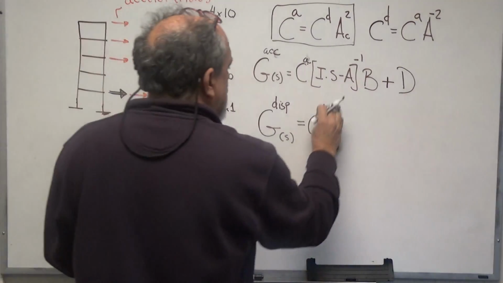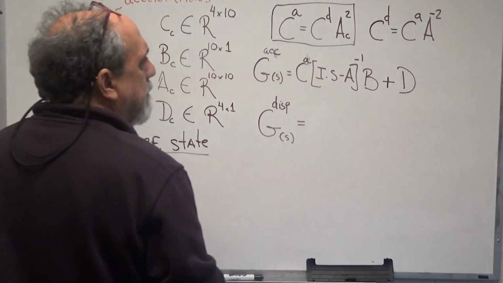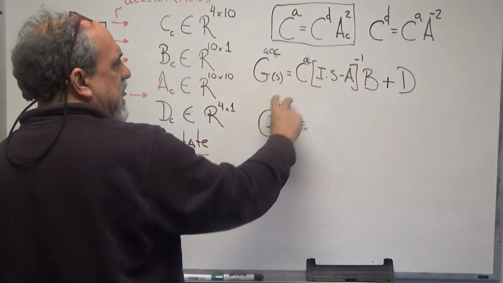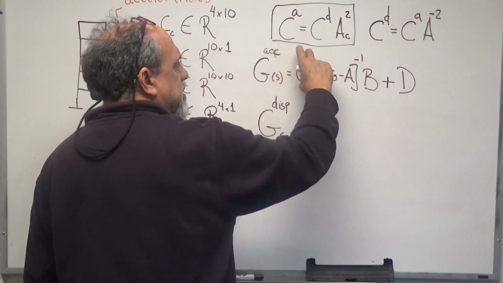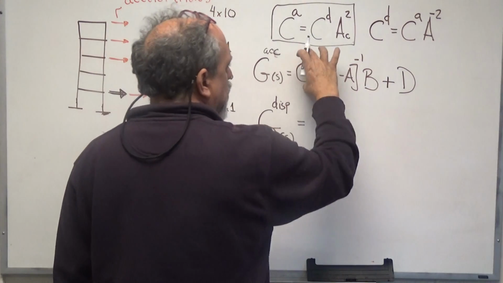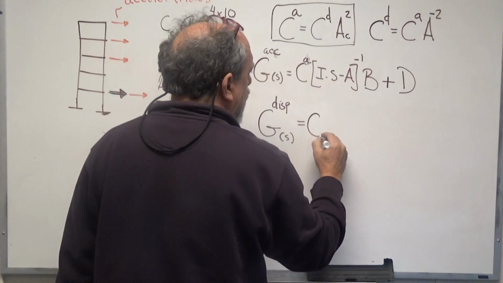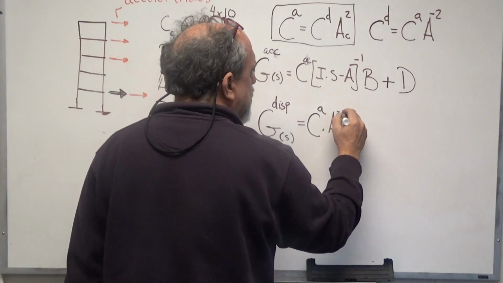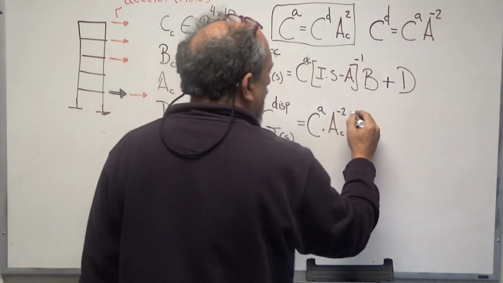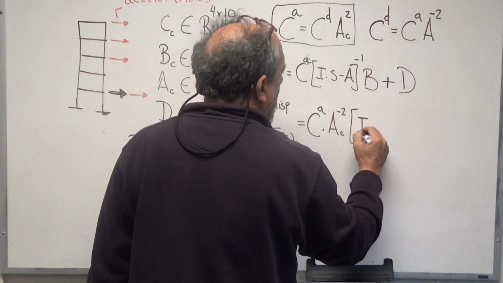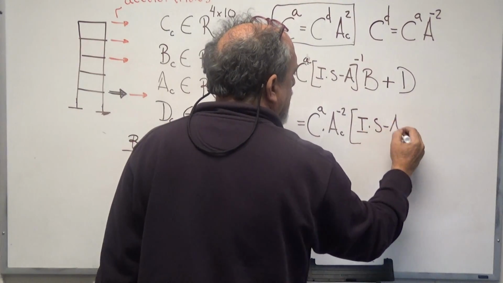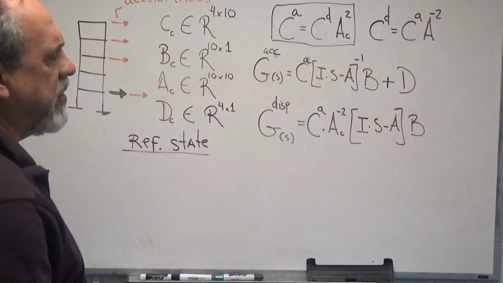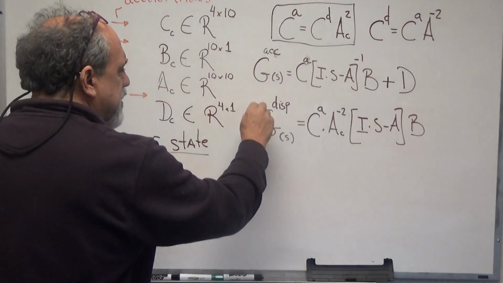So I just simply replace. The formula for displacement needs to have C displacement here, okay? And what we have is C acceleration, so we put our C acceleration times A continuous to the minus 2, and now we have, with no D, the expression for the displacement transfer matrix.